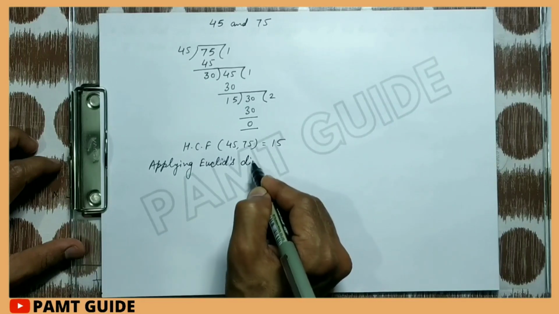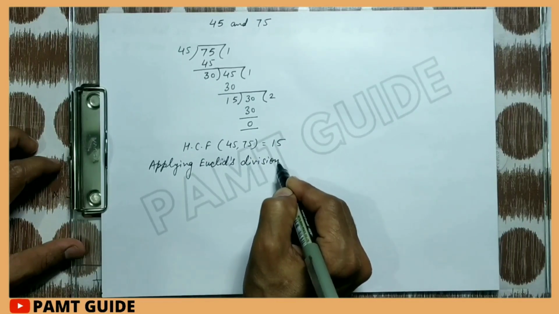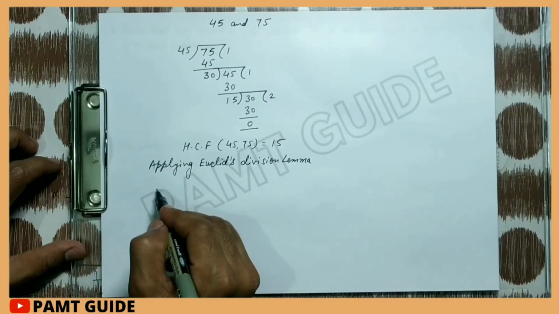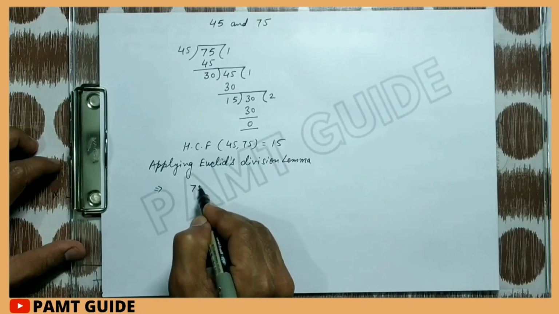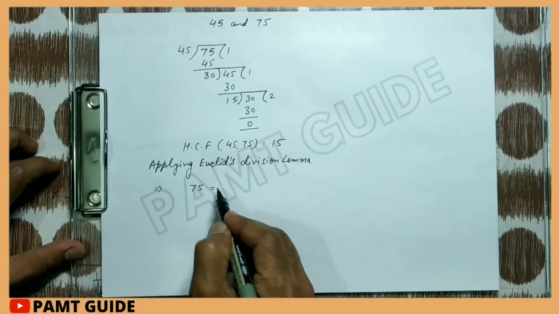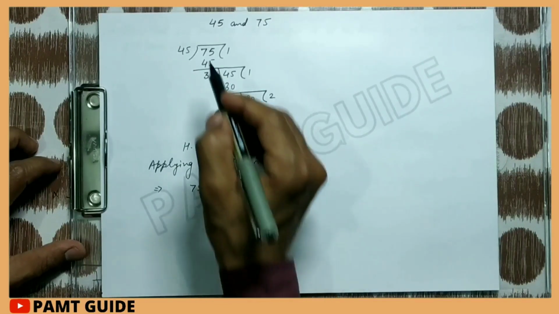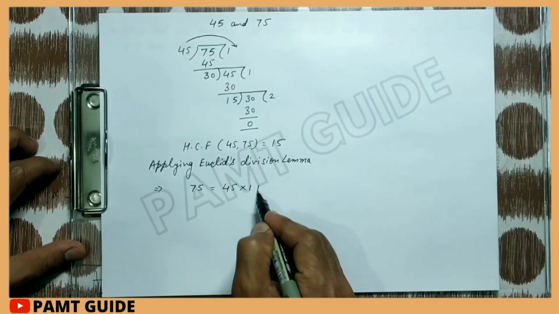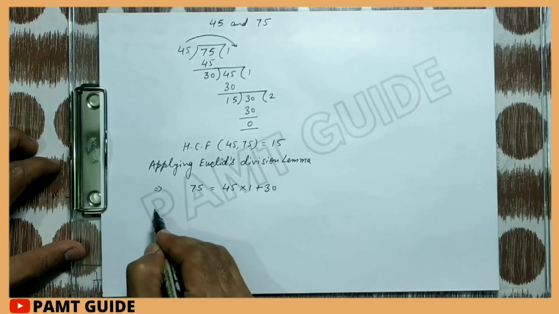Euclid's division lemma, we write first the dividend. 75 equal to 45 multiply by 1 and plus the remainder.